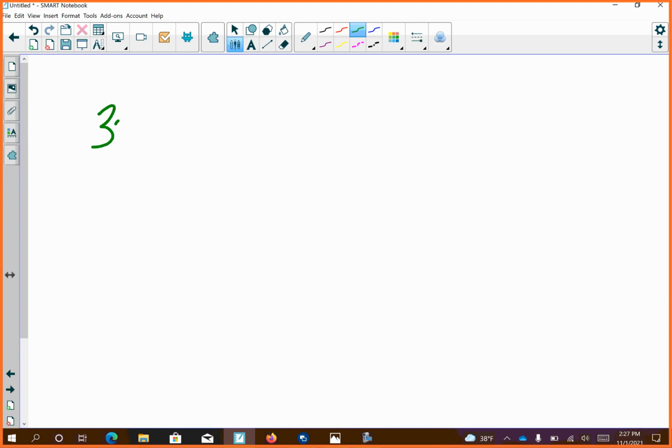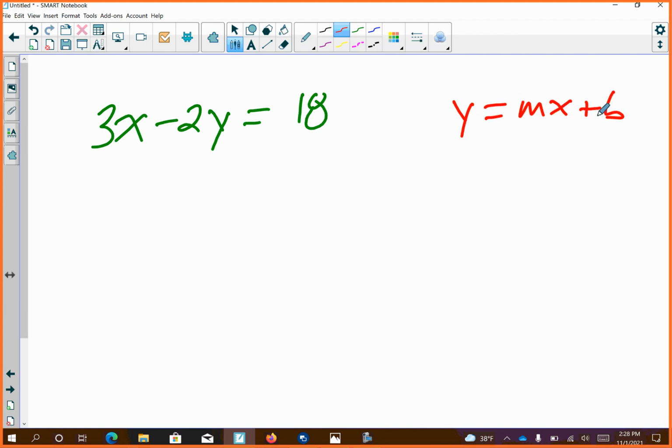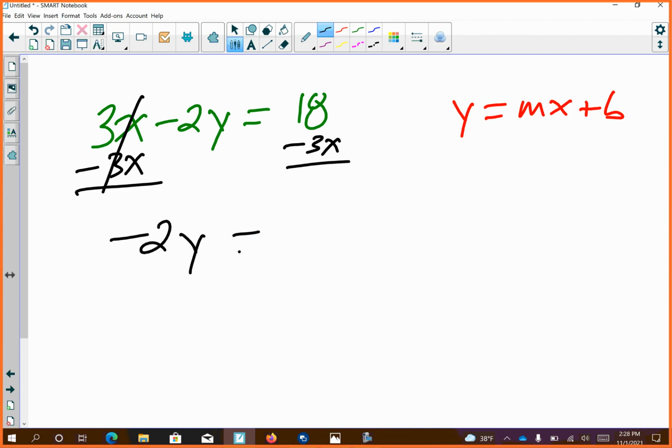Let's say we have 3x minus 2y is equal to 18. Can I make this appear to be y equals mx plus b? Can I get y all by itself? What do you think? Could I subtract 3x from both sides? Can I combine 18 and 3x together?